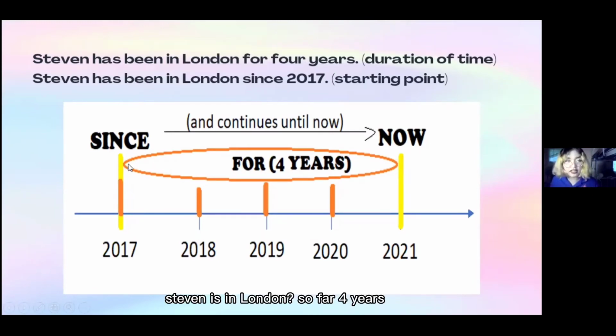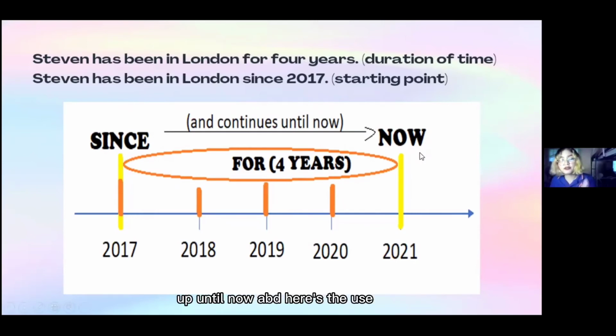For 4 years. One, two, three, four, and continuing up until now. And then: Stephen has been in London since 2017. So since 2017, and our year today is 2021. So since, and continuing up until now.